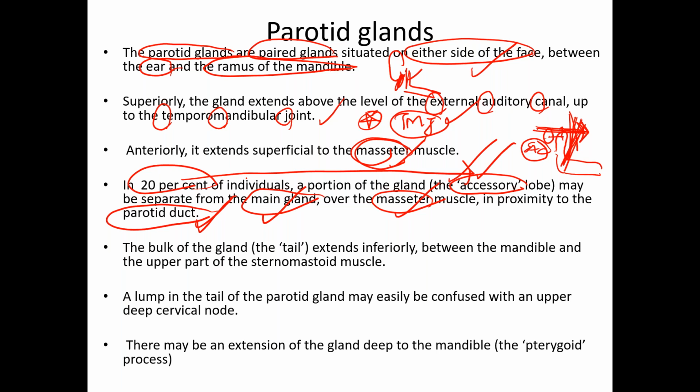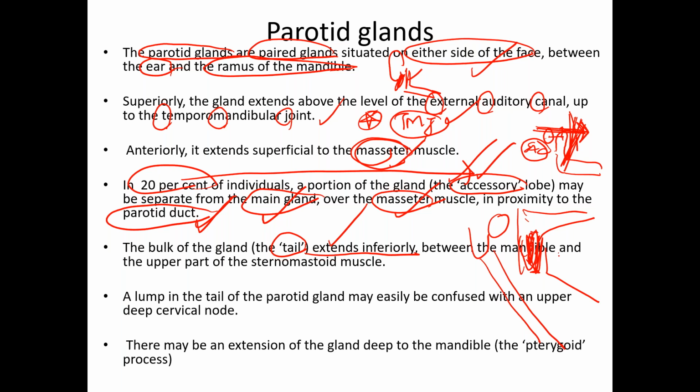The bulk of the gland, that is the tail, extends inferiorly. Imagine an animal whose tail is very big; this parotid is such an animal. Where is it? In between the mandible and the upper part of the sternocleidomastoid. If you take this as the external auditory canal, this is the mastoid process, this is the sternocleidomastoid, and this is the angle of the mandible.